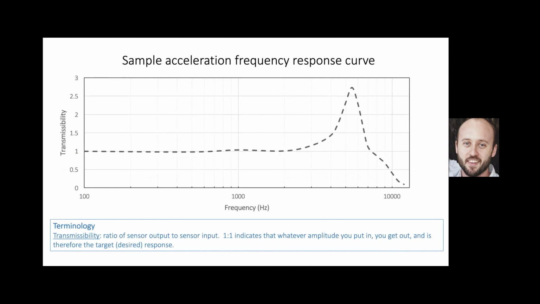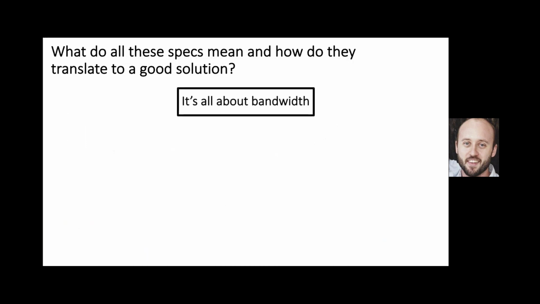So this metric right here, or this performance characteristic, the frequency response curve, is very important. And I'll talk a little bit about this more in session 2 when we dig into the physics of vibration. But it's important to keep in mind that not all accelerometers perform the same way, and they do have various performance curves.